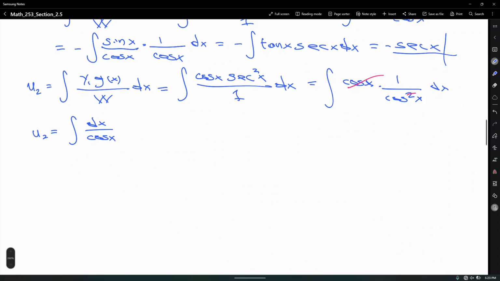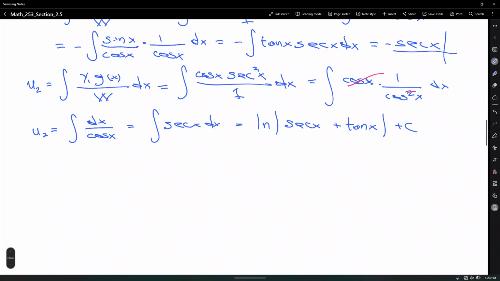But we can't integrate cosine while in the denominator. How about moving it to the numerator? The integral of secant. What's the integral of secant? Ln of something, yes, ln of secant plus tangent, plus c. And guys, we're pretty much done.